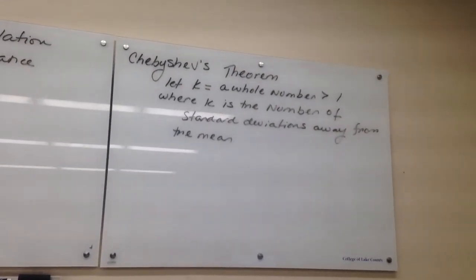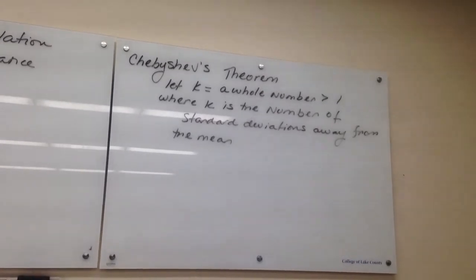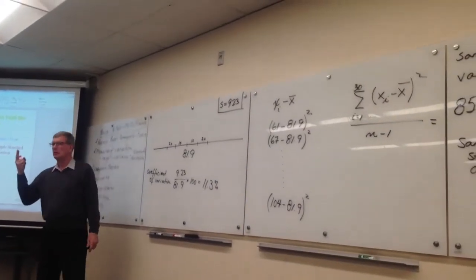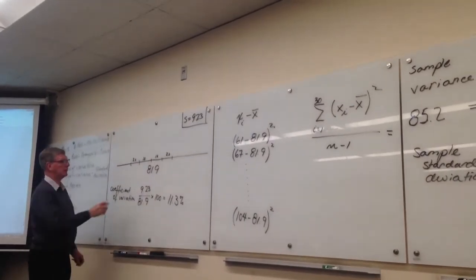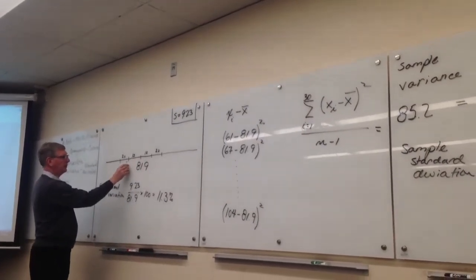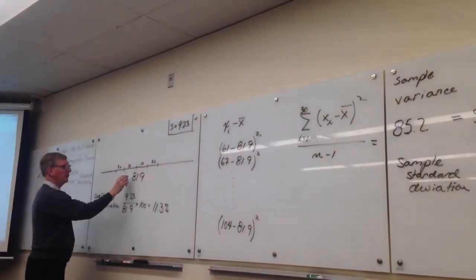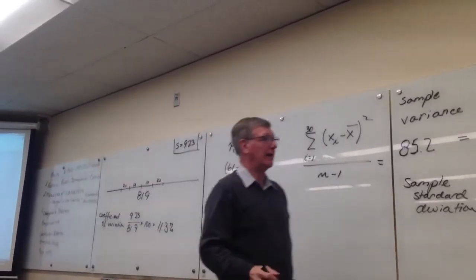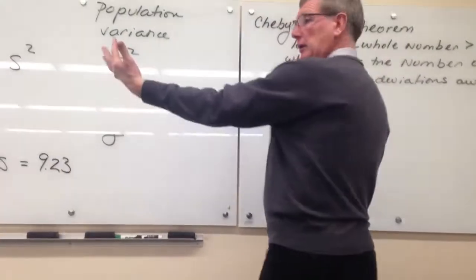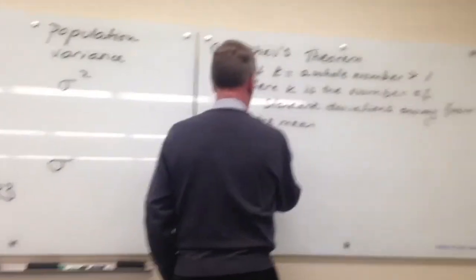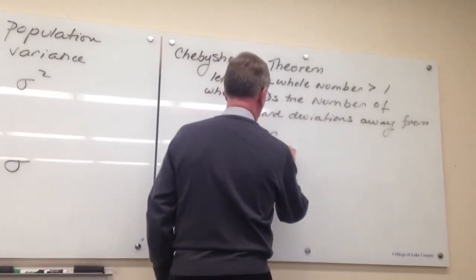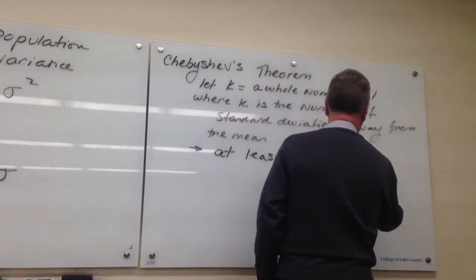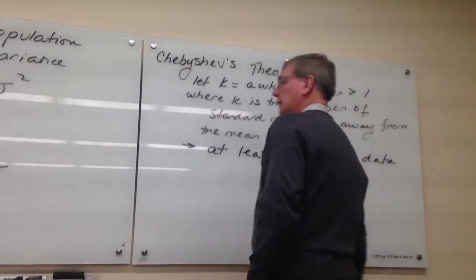So for our data, for example, if we let K equal 2, which would be 1 standard deviation, 2 standard deviations, to the left or the right, if K equals 2, Chebyshev says that you will have bounded at least 1 minus 1 over K squared of the data.